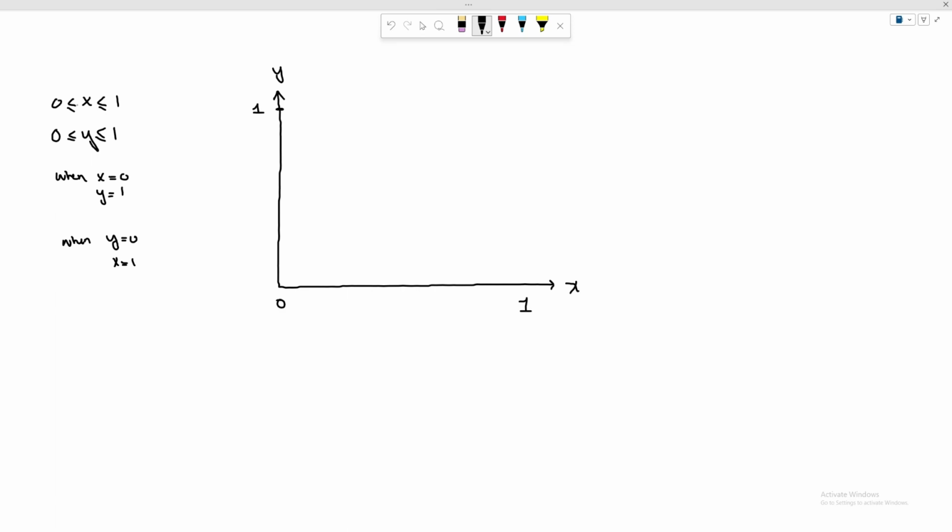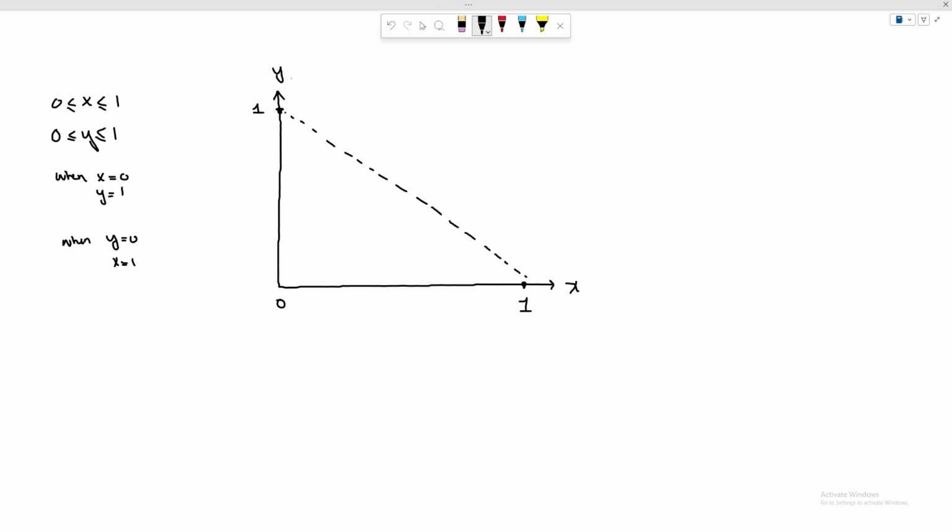What we can say is here. So when x equals 0, our y equals 1. And so we'll have a point up here. And also, when y is 0, our x is 1, which is down here. And so this obviously connects something like this.